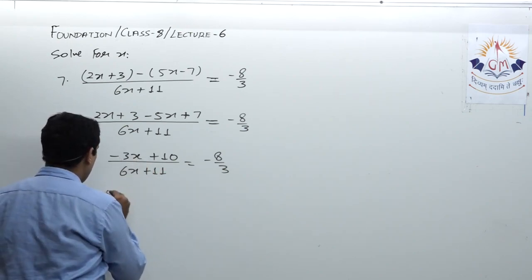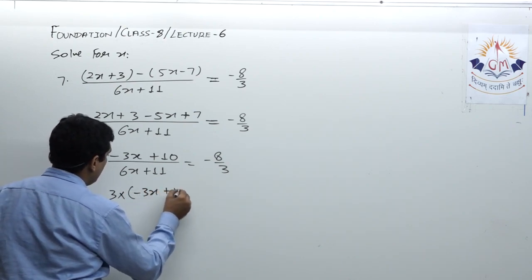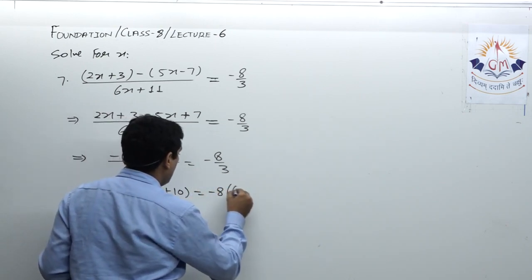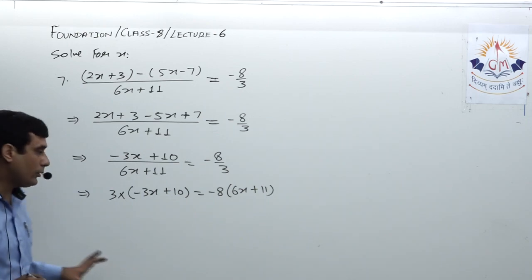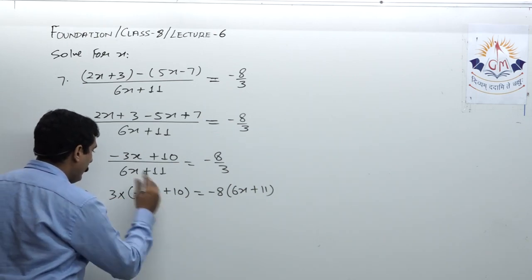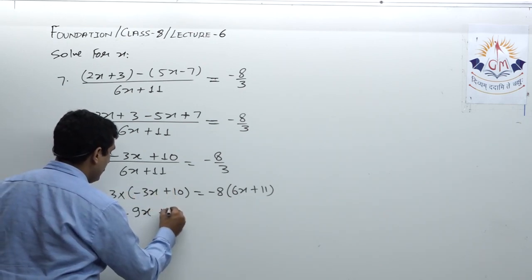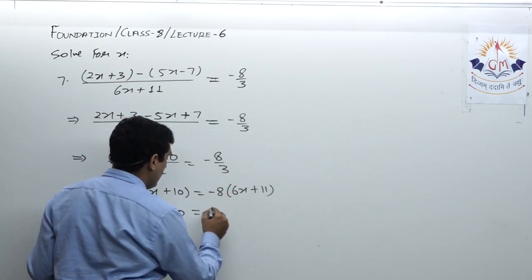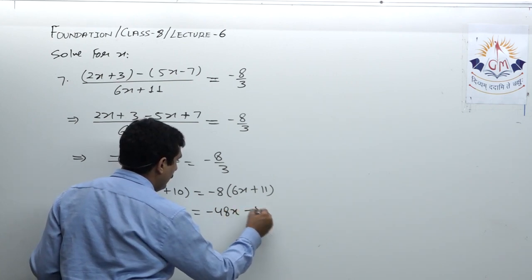So 3 multiplied by (minus 3x plus 10) is equal to minus 8 multiplied by (6x plus 11). Simple cross multiplication. Now I will multiply term to term, that is 3 into minus 3x, minus 9x, 3 into 10, that is 30, is equal to minus 8 into 6x, minus 48x, minus 88.